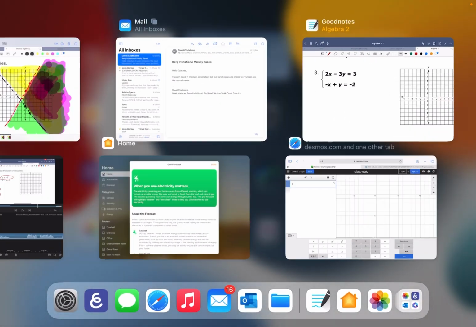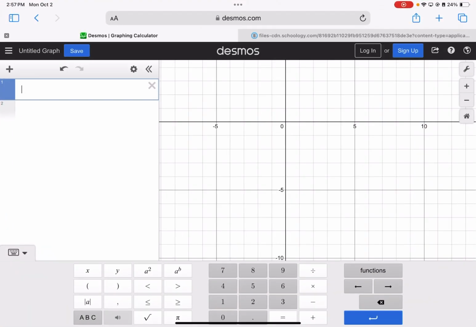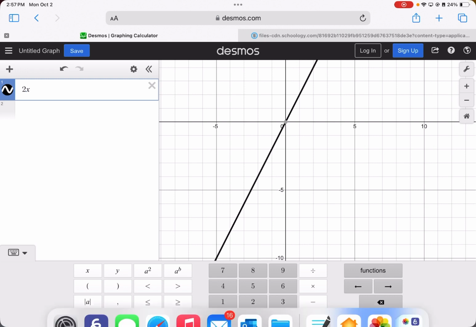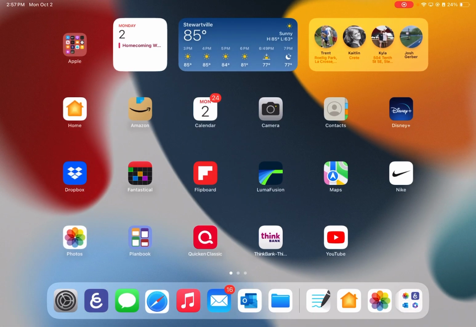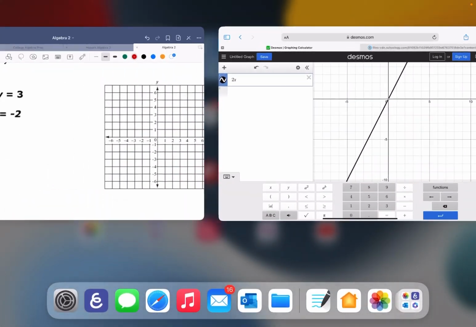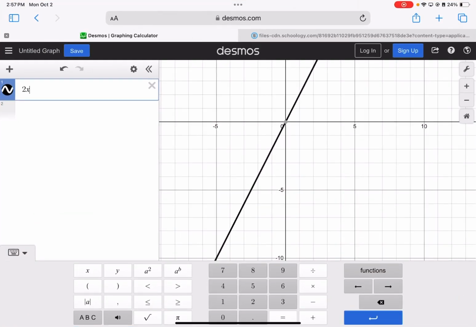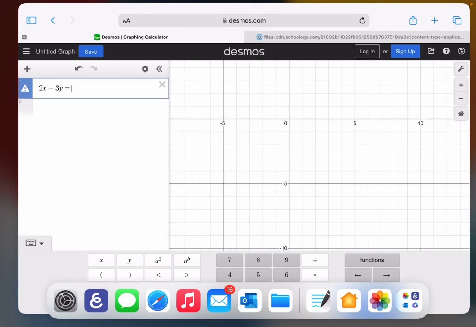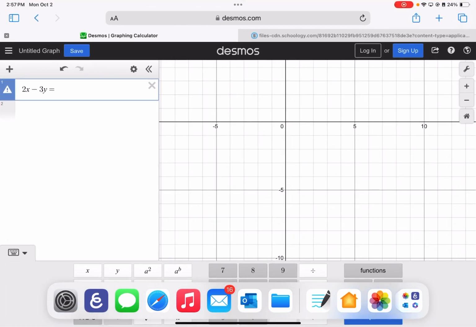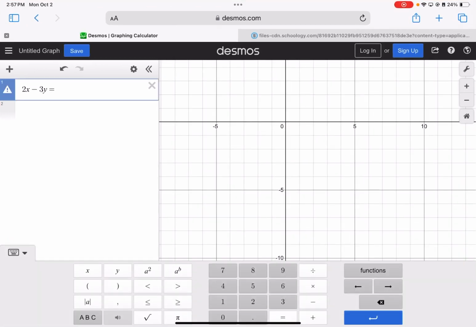Inside of Desmos, all you have to do is put 2x and have a better memory than me, because mine's horrible, minus 3y. So 2x minus 3y equals, anybody remember? 3? Equals 3. There's the first one.